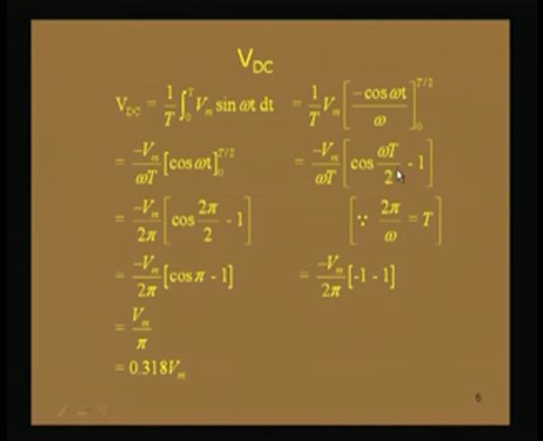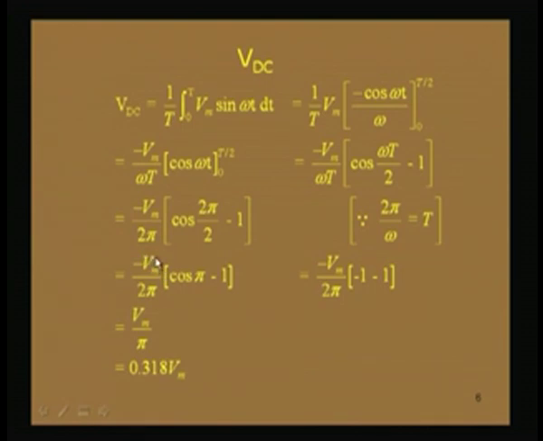Putting in the limits, it will be cos omega capital T by 2 minus 1, that is equal to minus V m by omega capital T. Here we can substitute omega capital T equal to 2 pi, because 2 pi f is equal to omega, and f is equal to 1 by T. So, capital T into omega is equal to 2 pi.